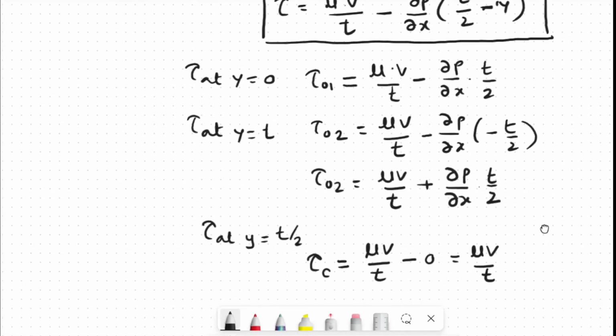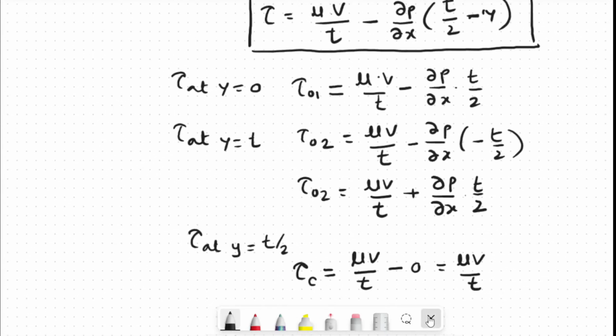Now friends, if I want to find out the location where the shear stress is 0, that is y equal to what?